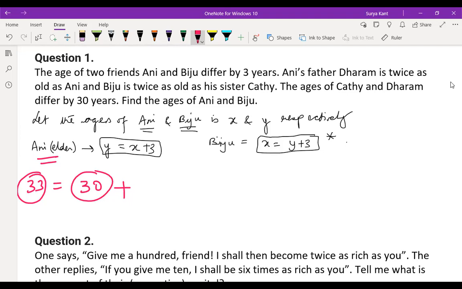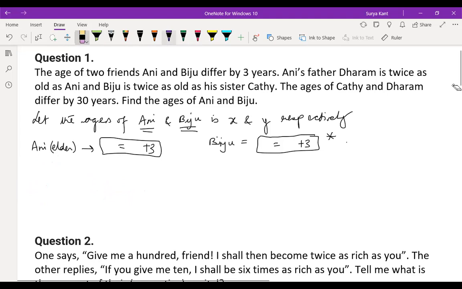So right here, X is equal to Y plus 3, and this is Y is equal to X plus 3.